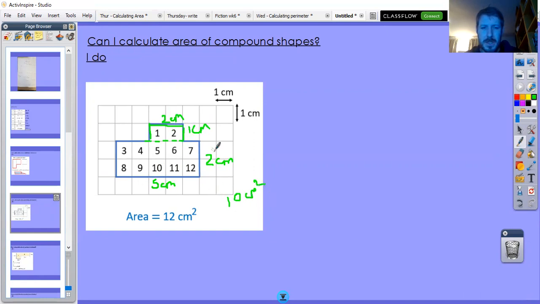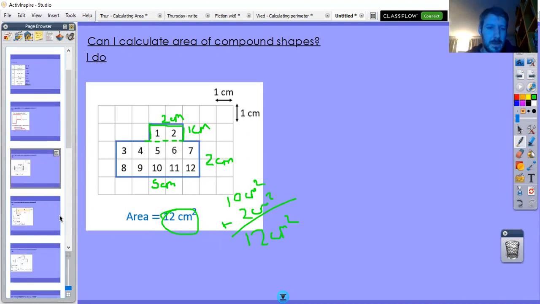And then 2 times 1 is 2, so we've got the plus the 2 centimeters squared of this shape here. Add them together and we get 12 centimeters squared, which is the answer for the area, because the number of squares is 12. But we're trying to think of it as two separate shapes that we add together to find the total area that this compound shape is covering.